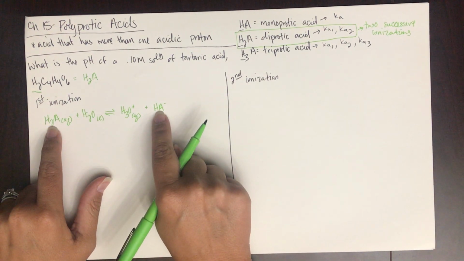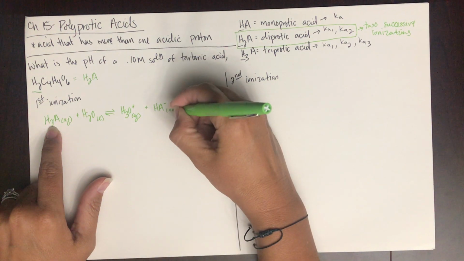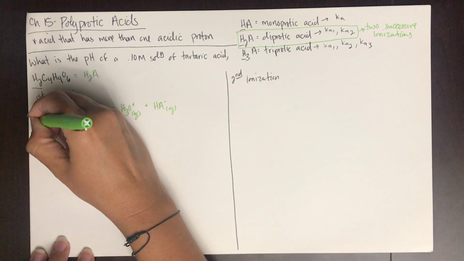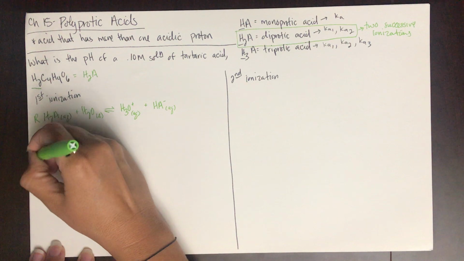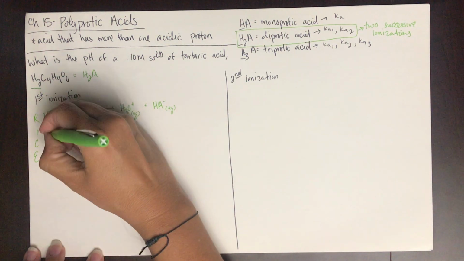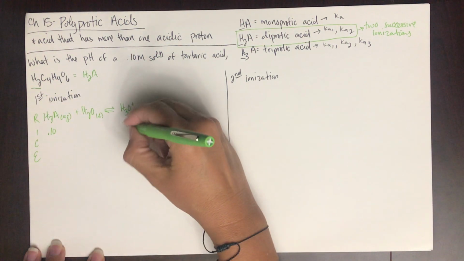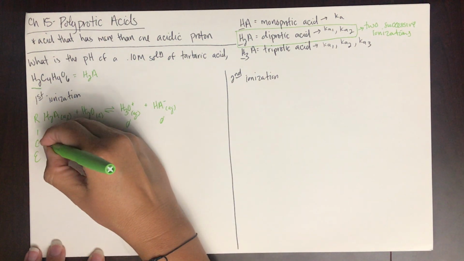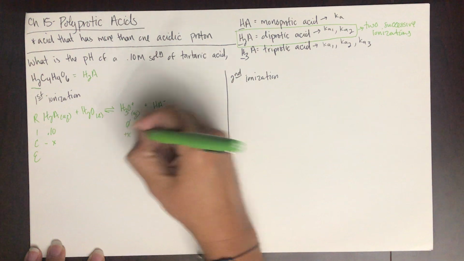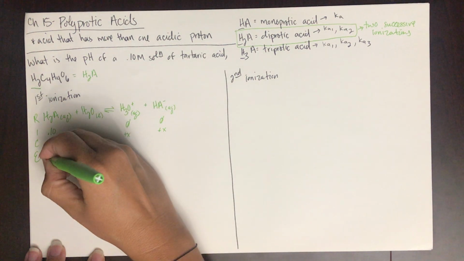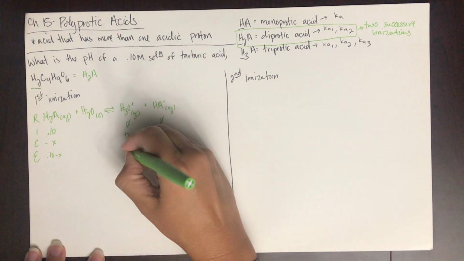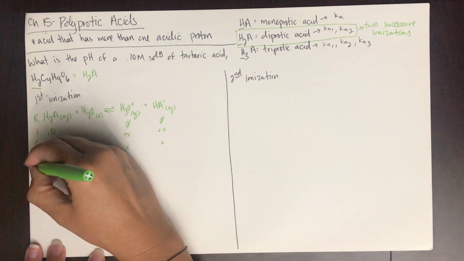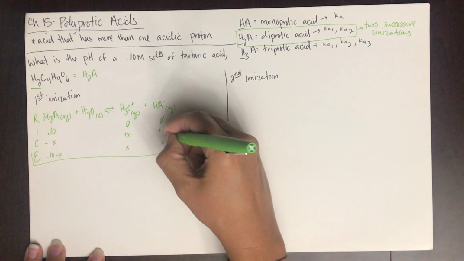So we still have one hydrogen and the charge is -1. There's the reaction, initial, change, equilibrium. The initial concentration is given as 0.10, and we don't have any of the products when we start. Minus X, plus X, plus X, giving 0.10 minus X, X, X. This is the equilibrium that we're going to use.